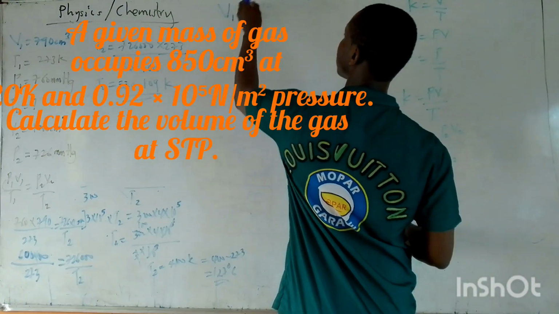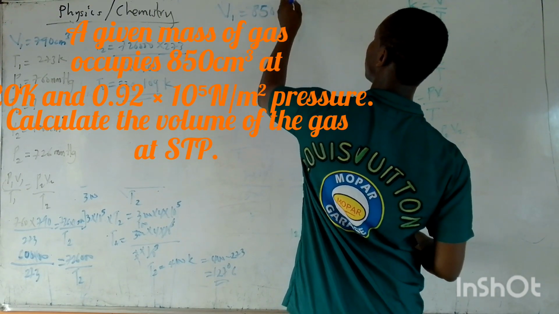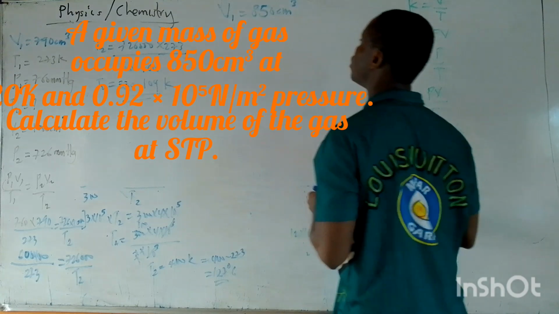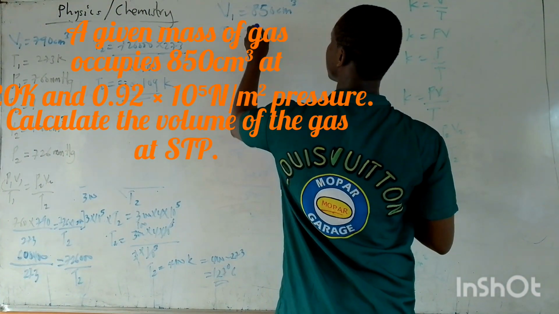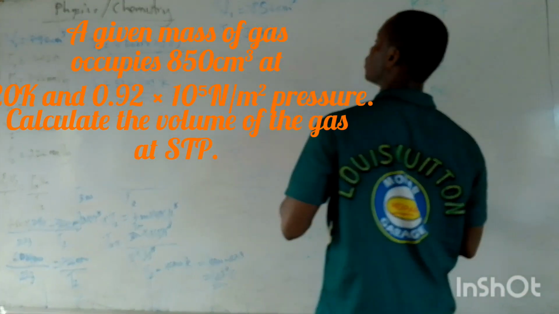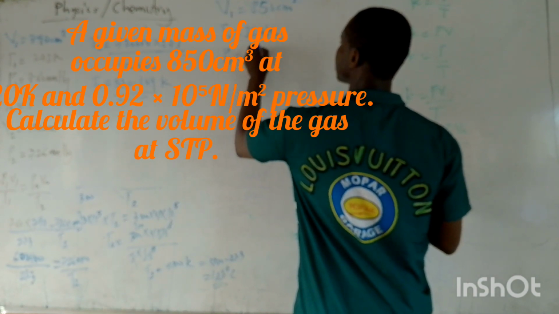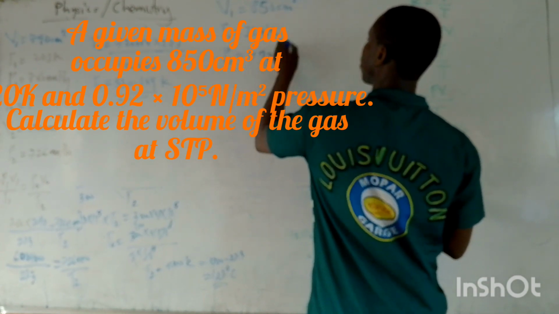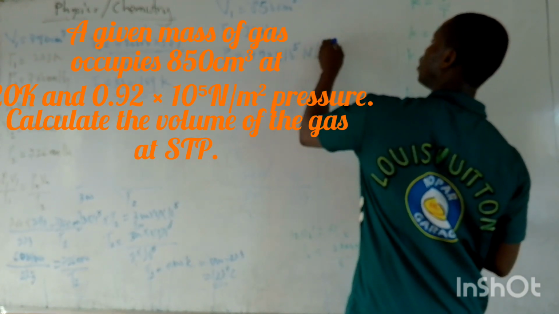V1 is 850 centimeter cube. T1 is 320 Kelvin. P1 is 0.92 times 10 to the power 5 Newton per meter square.